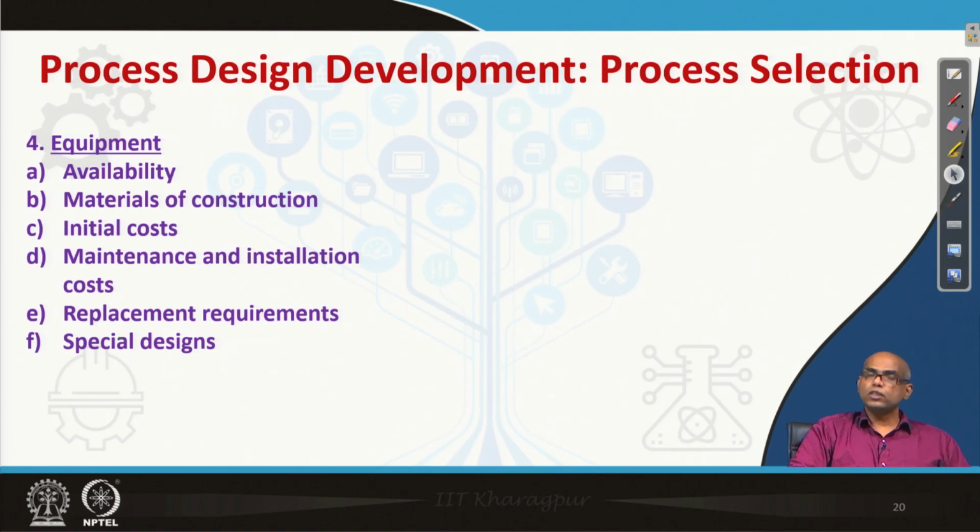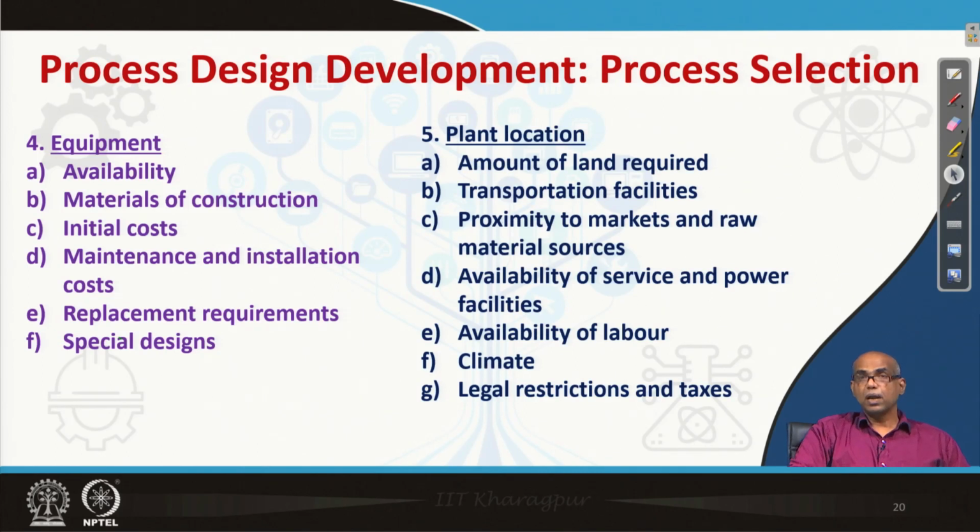Equipment will influence process selection, availability of equipment, materials of construction of equipment, initial cost, maintenance and installation cost, replacement requirements, special designs, etc. Plant location will have influence, amount of land required, transportation facilities, proximity to markets and raw material sources, availability of service and power facilities, availability of labor, climate, legal restriction and taxes.